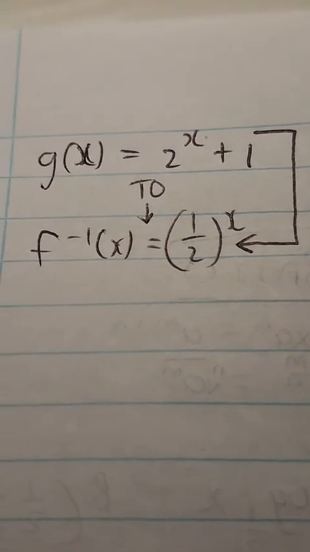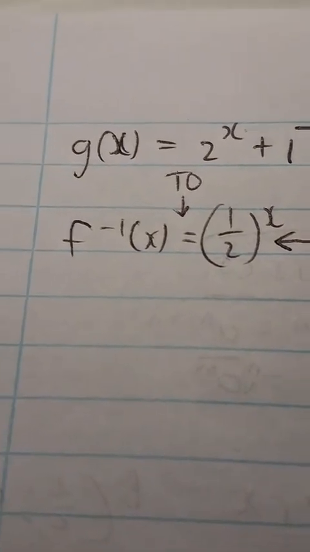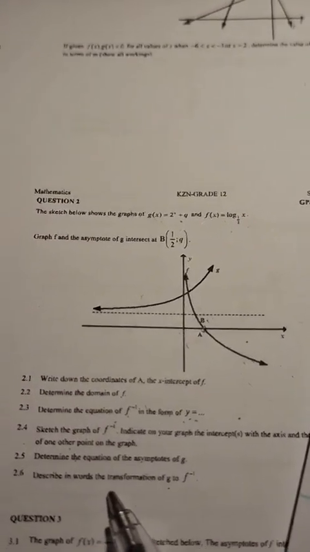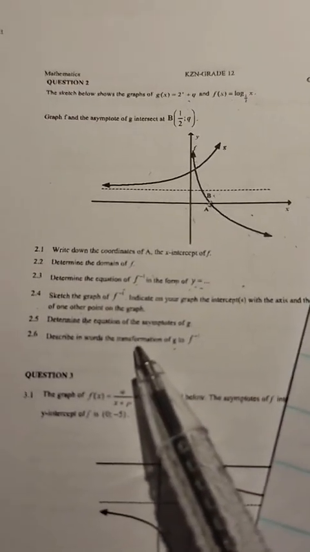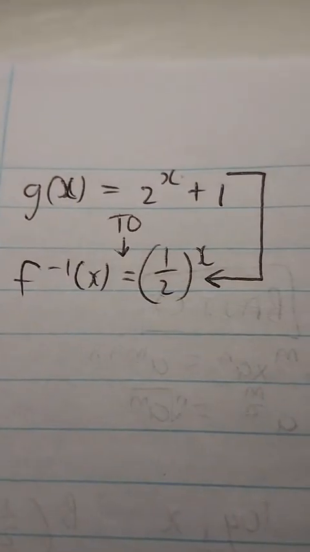You are on the money. But now we need to have descriptive terms. Because this is saying, describe in words the transformation. Kamogelo is saying the graph shifted 1 unit to the left.